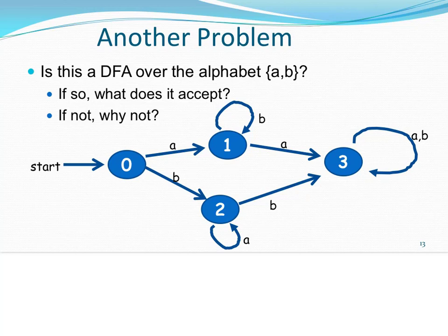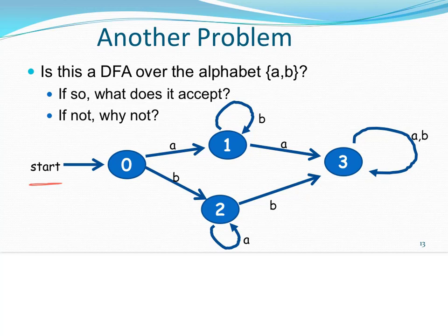So, hopefully you paused, you're done pausing. When I was checking this myself, I said, well, it has a start state, it has an out transition for each of my A and B on every state. So yes, I think this is a DFA. In terms of what it accepts, now I look and I don't see any double circles, right?